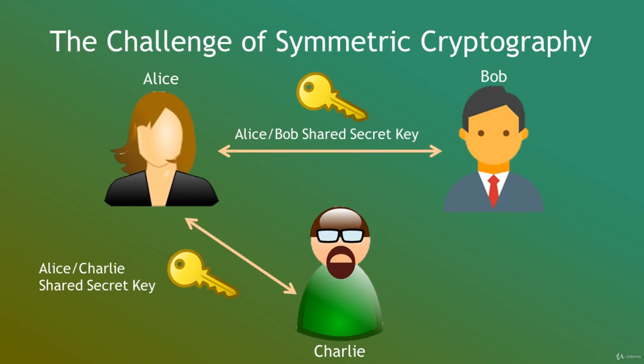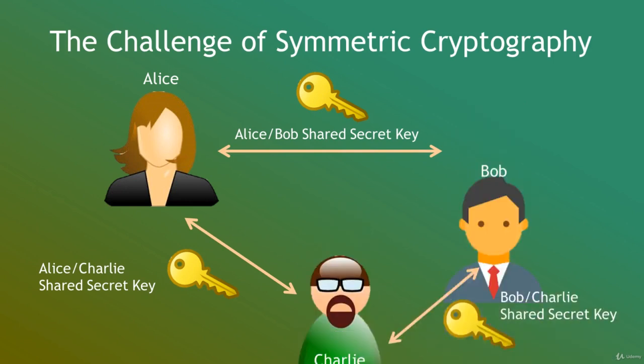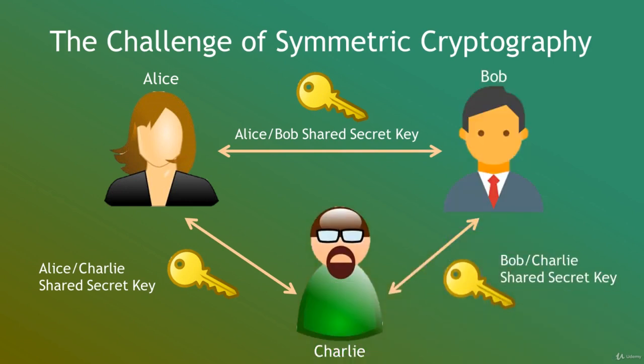Alice already has a way to communicate privately with Bob, but then we need to add a second key that allows her to communicate privately with Charlie. And we still have a missing link here. Bob and Charlie don't have a way to communicate privately. We have to add a third key that allows those two to communicate with each other. So for these three people to communicate privately using symmetric cryptography, we need three keys.